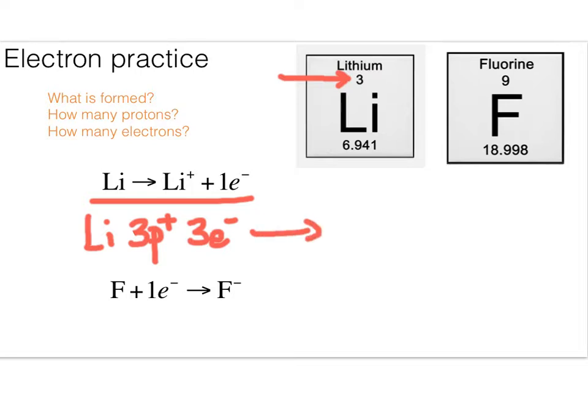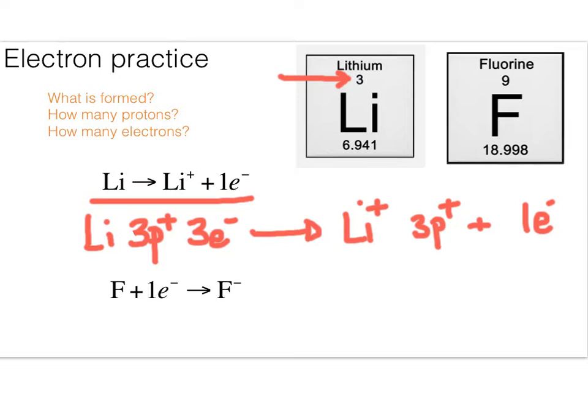However, if we are going to lose one electron, so now we are going to form lithium plus, and we're going to eject an electron, give it away. Then the question might be, what is formed, how many protons, and how many electrons? First off, how many protons does this lithium plus atom have? Well, if it's still lithium, and that really never changes, then we should have 3 protons.